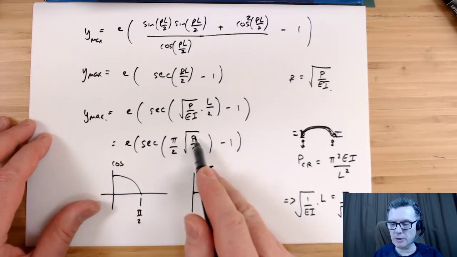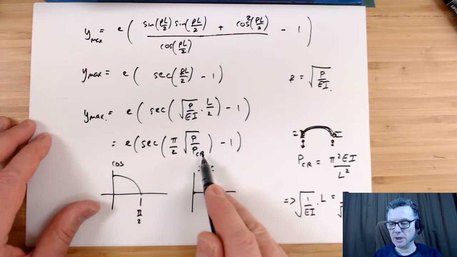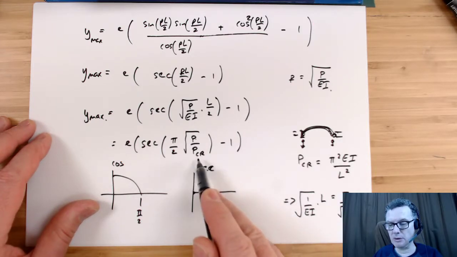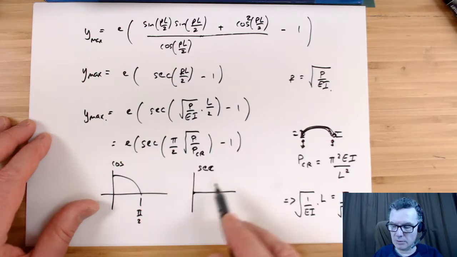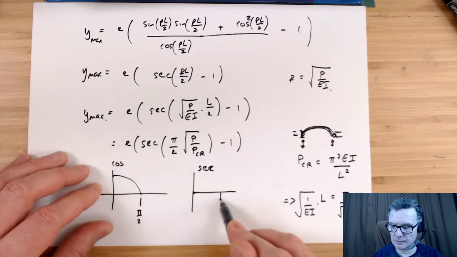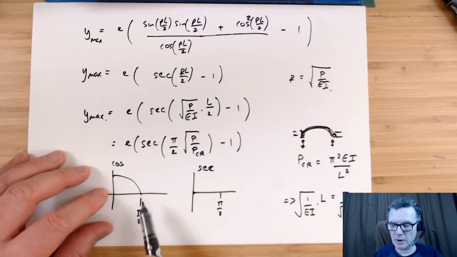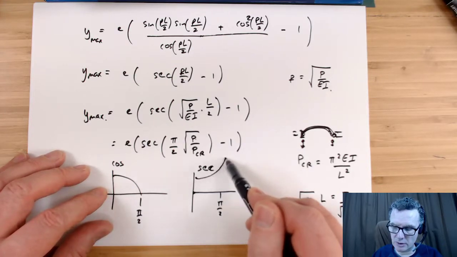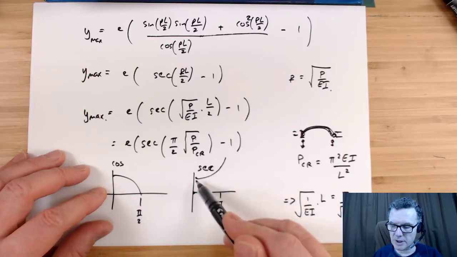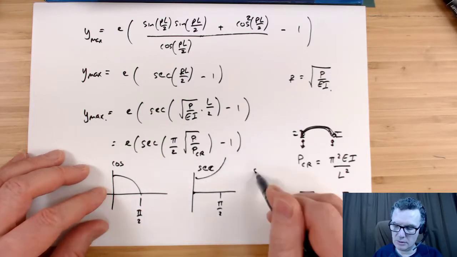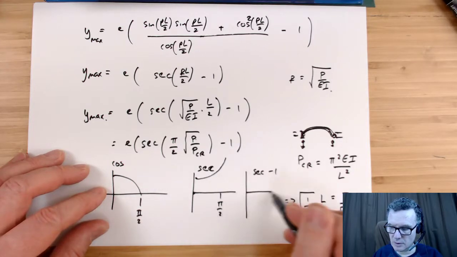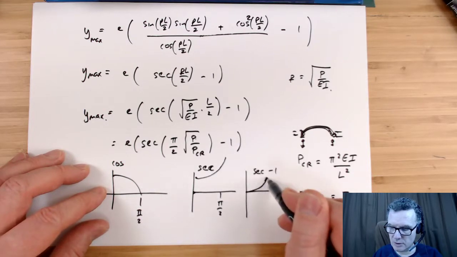So when the force applied gets to be close to the ordinary buckling force, what's going to happen? So cos drops like that, sec will therefore go like that, and sec take away 1 will locate it at the origin.